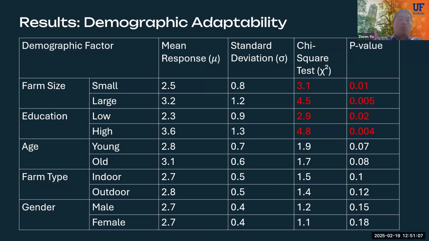A large farm is more likely to adopt technologies so that they can automate all the processes and obtain high efficiency. But a small farm, like a family-owned small farm, might not have the resources to get new technology, or they don't necessarily need a high level of automation because the size is small and they can handle a lot of things themselves.